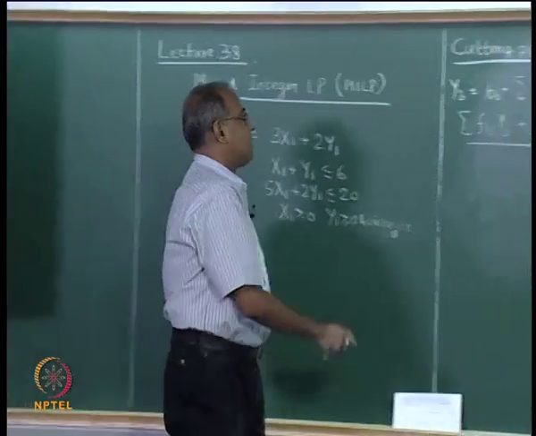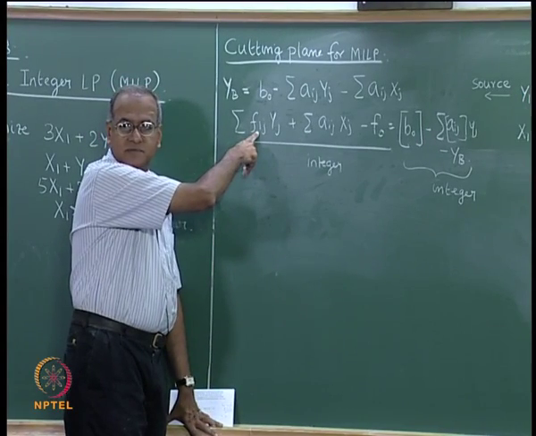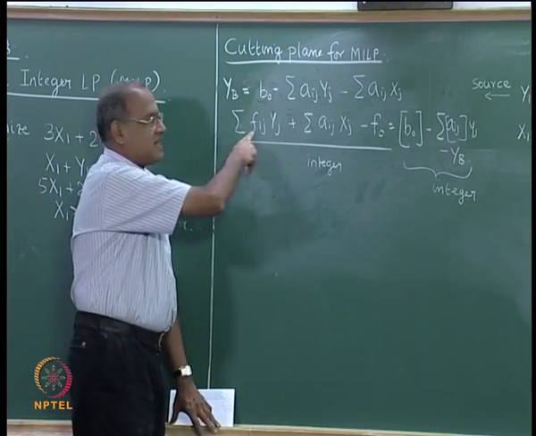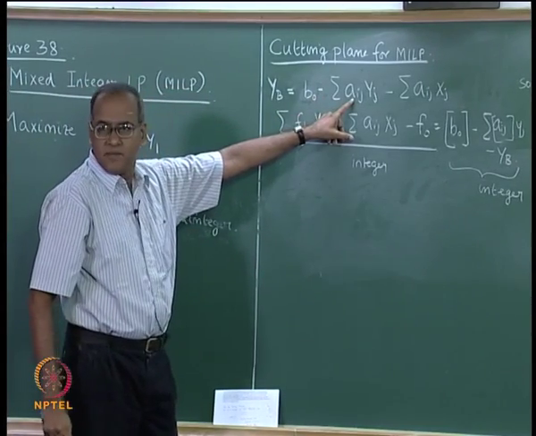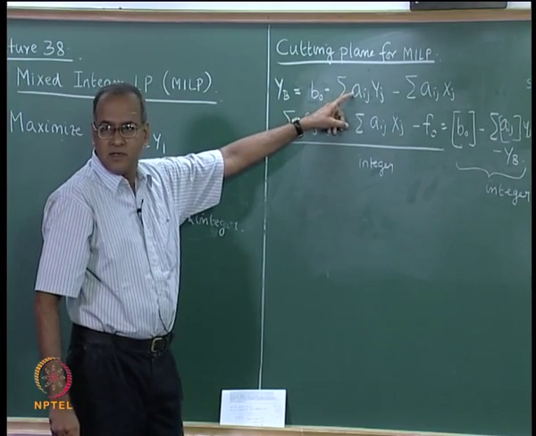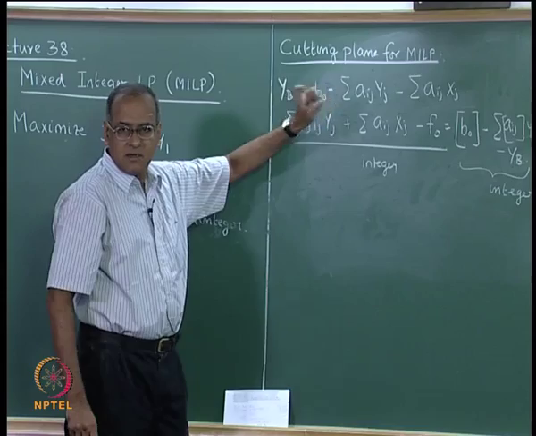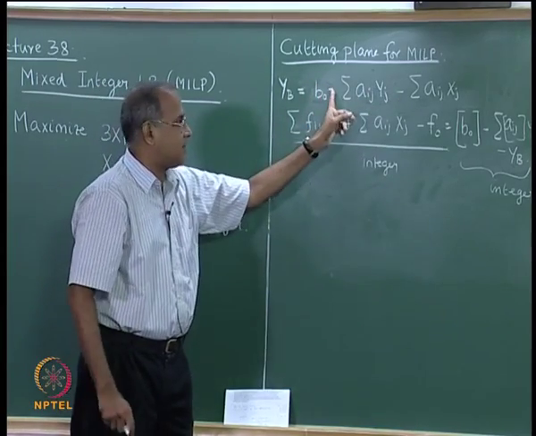So Fij's become positive fractions. You have to be just that bit careful in the sense that there is a minus sign already here. So depending on the term, suppose it is 4 by 3, then it will become 1 plus 1 by 3 and there is a plus 1 by 3 with a minus sign.